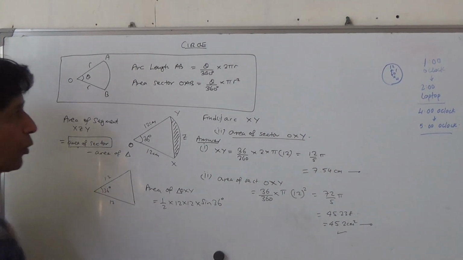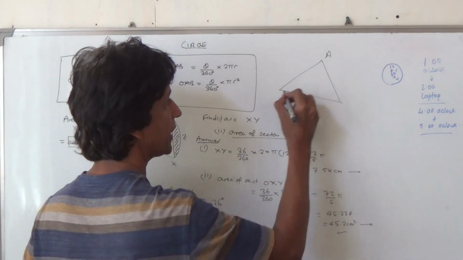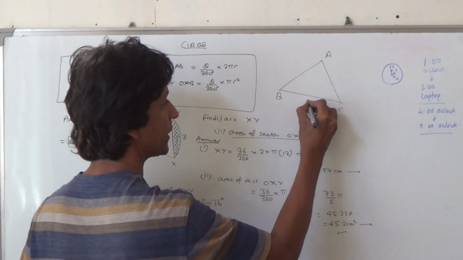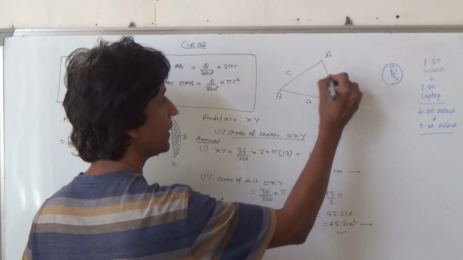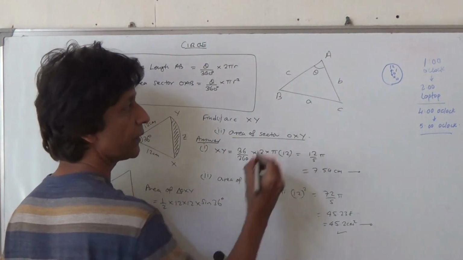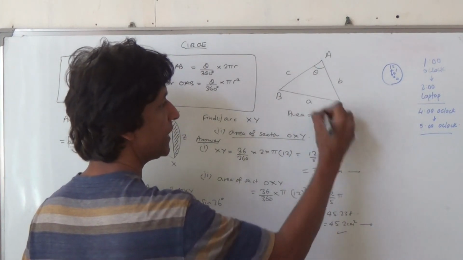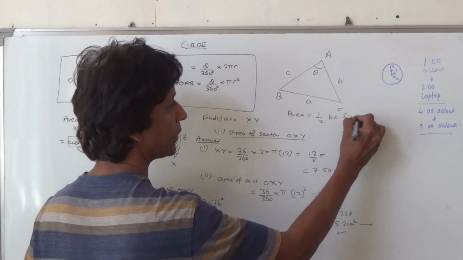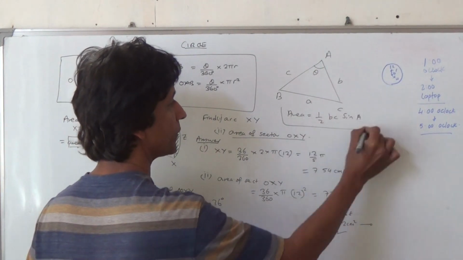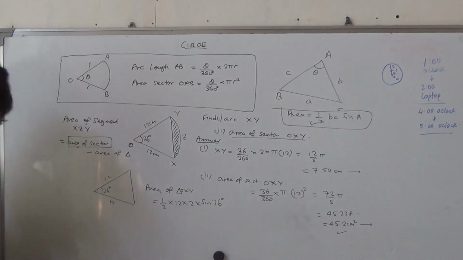I'm sure you will know that if you have a triangle like this, let's say A, B, C, you've got A here, you've got C here, you've got B, and there's an angle of theta here. I want you to find the area of this triangle. The area is going to equal half BC sine of A, or sine of theta. This is what I've used to find the area of this triangle here.